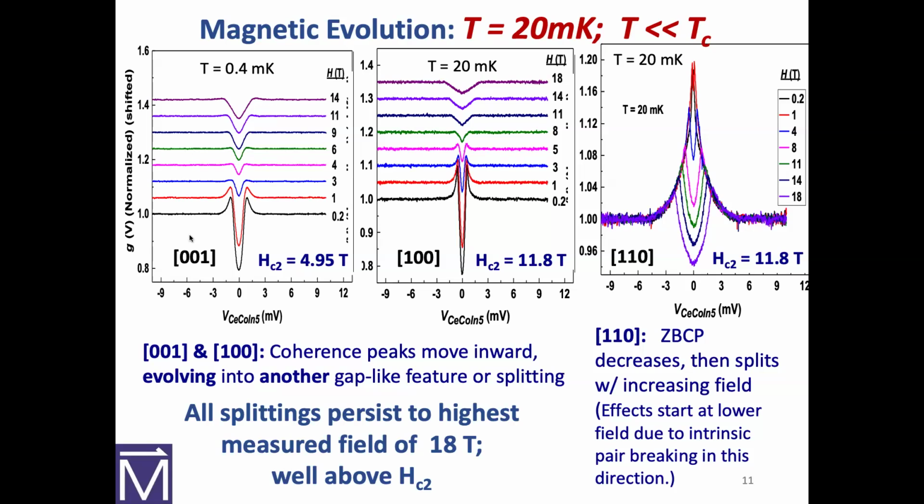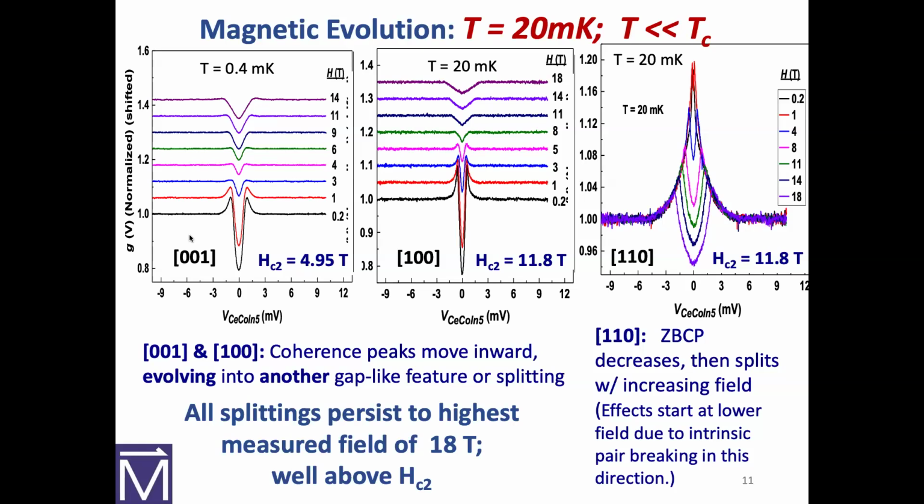And the other interesting thing is that if we plot fitting these things, it's a very smooth evolution, which I think is an important argument. We see the superconducting gap smoothly go into the splitting, which we call in the paper a gap-like feature that grows linearly with field.